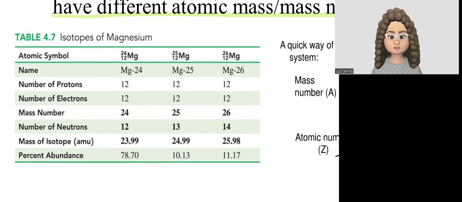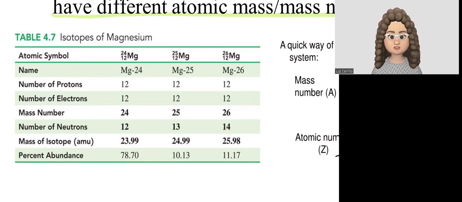Now, the difference between isotopes of the same element is specifically the number of neutrons. Magnesium 24 has 12 neutrons, magnesium 25 has 13 neutrons, and lastly, magnesium 26 has 14 neutrons.